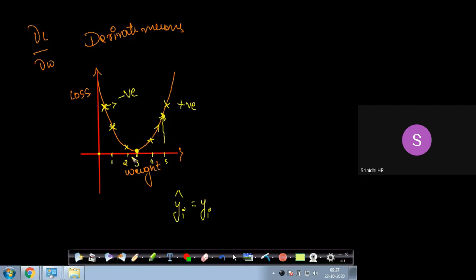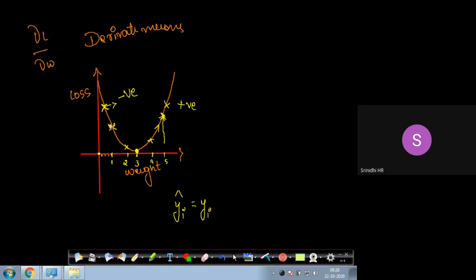Deciding whether I must give weights from 1, 2, 3, 4 or 5, or start from point 1, point 2, point 3, this is the learning rate. It is the rate at which the machine is learning and at which we give the weight.